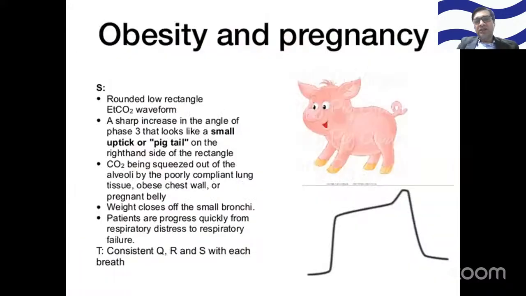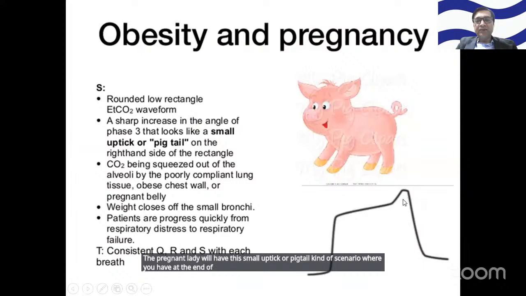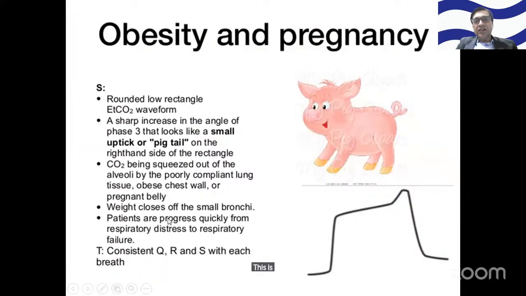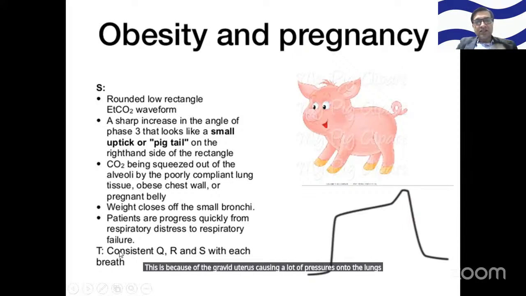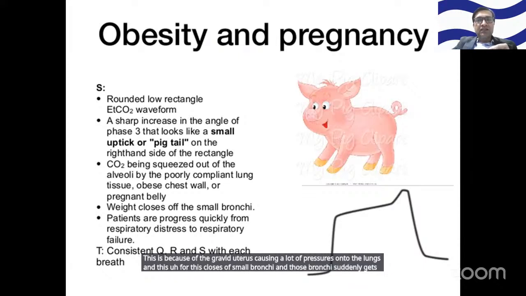So this is a quite common scenario which happens with obesity and pregnancy. The pregnant lady will have this small hook or pigtail kind of scenario where, at the end of phase 3 and beginning of phase 4, you get a sudden spike in EtCO2. This is because of the gravid uterus putting a lot of pressure on the lungs, which causes closure of small bronchi, and those bronchi suddenly open into the expiration, and the CO2 is squeezed out from the alveoli, causing this sudden spike.